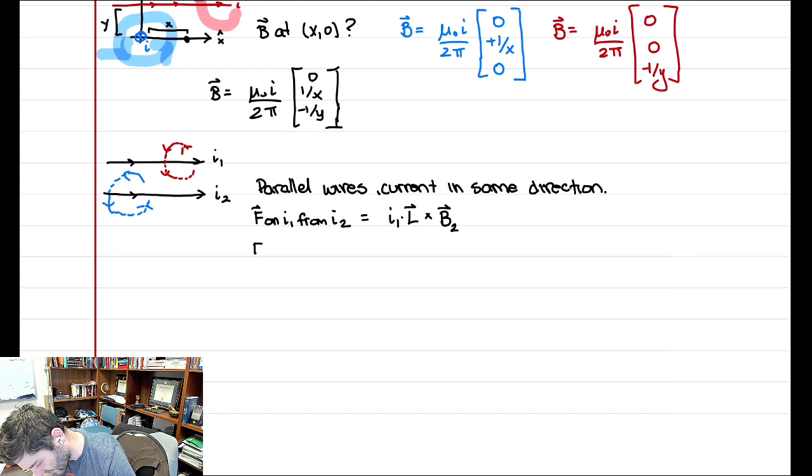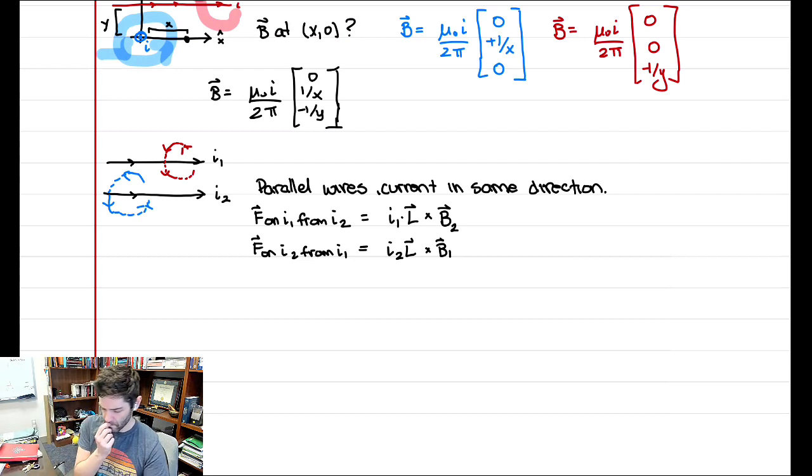And similarly, the force on I2 from I1 is I2 L cross B1. And let's have them both be the same segment of wire length. So again, we're just going to focus on direction for this example. You'll work out the magnitudes in class.